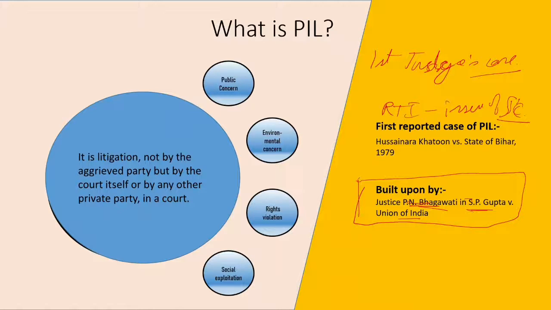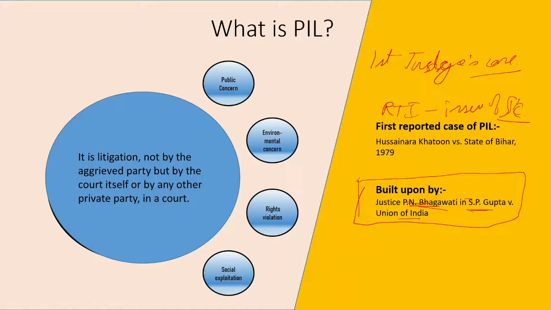So in this case, Justice P.N. Bhagwati gave certain points as to in which cases PIL can be filed and when it cannot be filed. If there's a disadvantaged section of people involved for whom access to justice is difficult, in that case PIL can be filed.